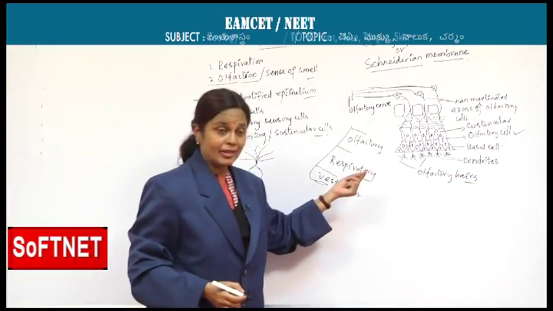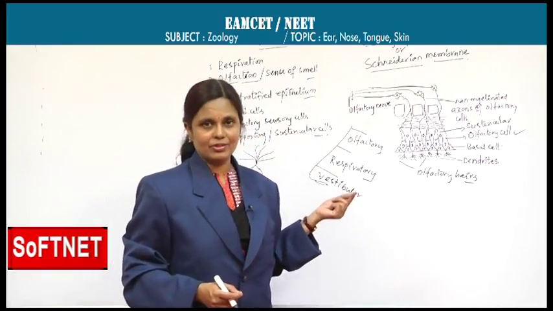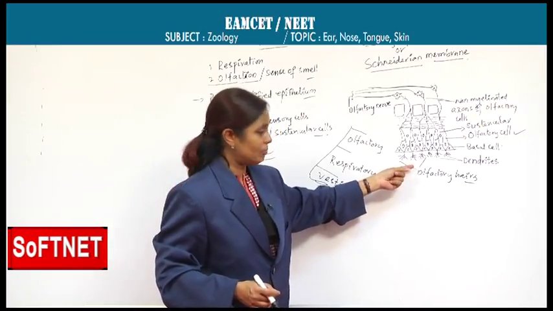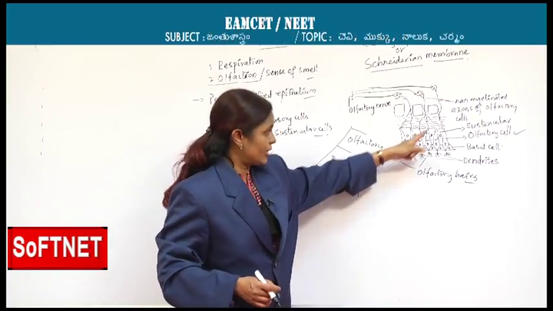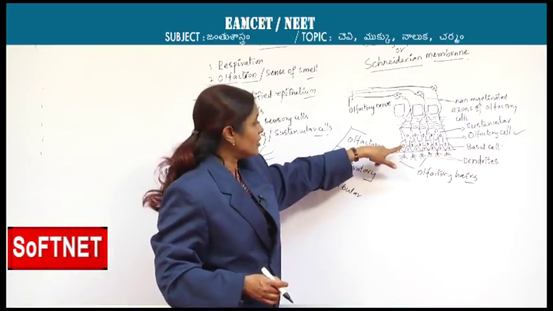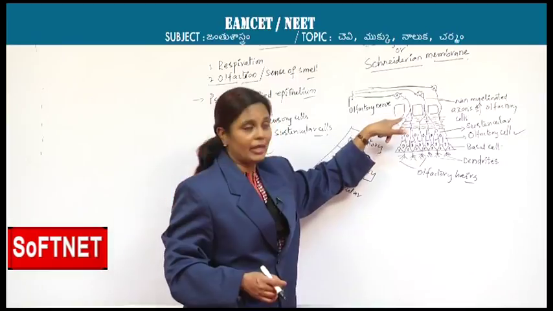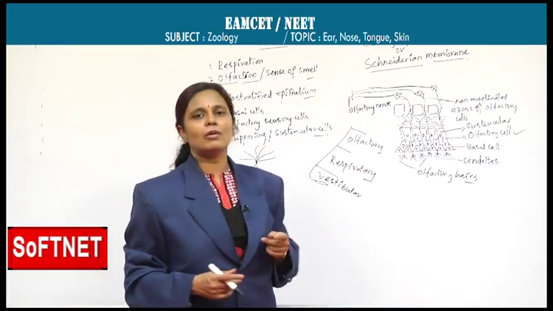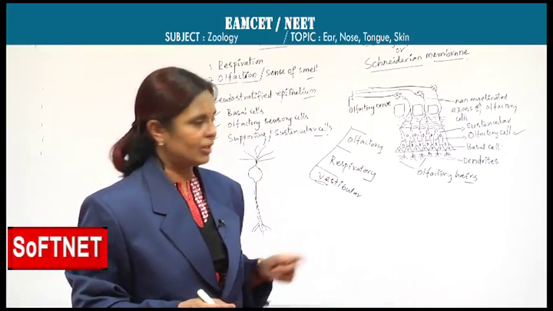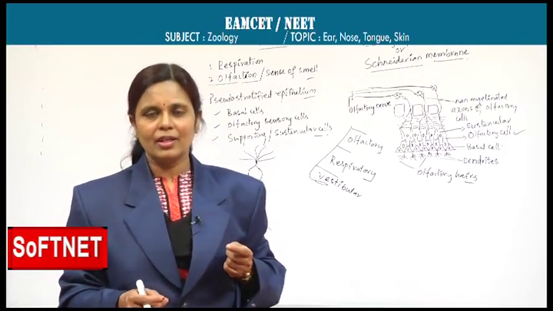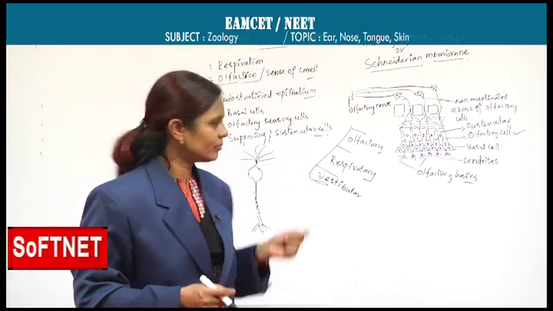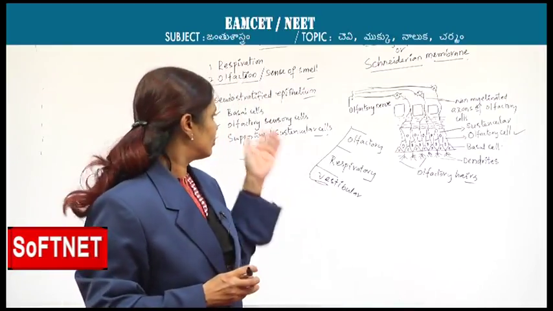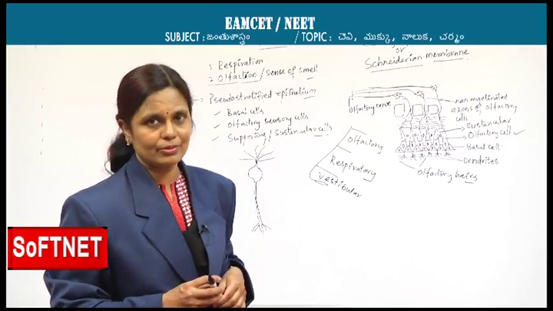You know that dendrites are afferent fibers. They collect sensory impulses, and these are received by the cell bodies of olfactory cells. From the cell bodies, they are collected by non-myelinated axons of these sensory cells. All these non-myelinated axons join together to form the olfactory nerve, the first cranial nerve, and they convey sensory impulses to the cerebral hemispheres through the olfactory lobes.